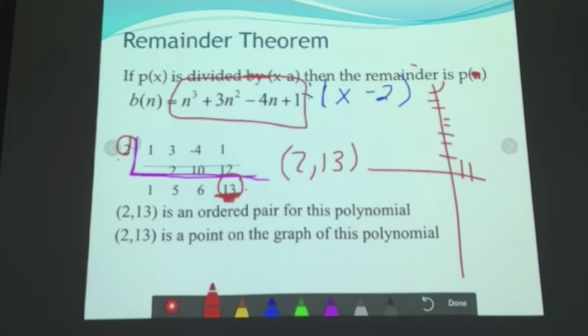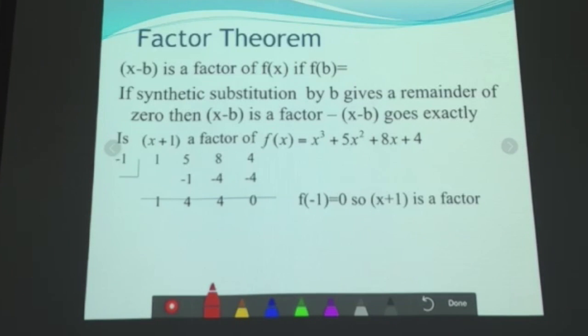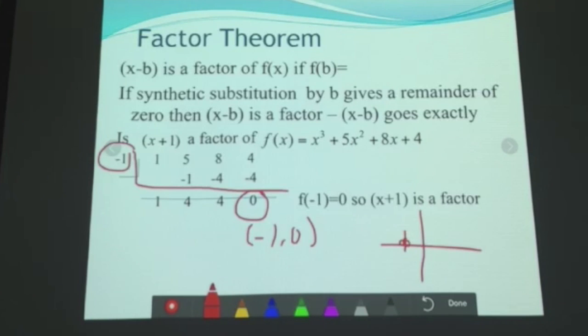Well, let's try one. So in this example, and again, I'm not having you work this one out, I'm just showing it to you, do you guys see how they ended up with a 0? So let's think about what it means if it's a 0. That's still a point on the graph. So (-1, 0) is still a coordinate on the graph. But what does it mean when it's a dot right on the x-axis?